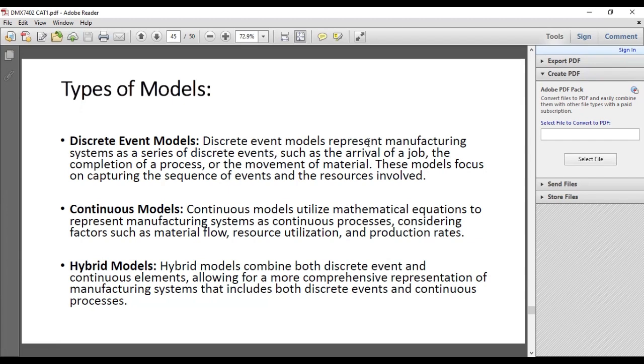Discrete event models represent manufacturing systems as a series of discrete events, like a series of manufacturing cells. So you will analyze each separately and put it together.